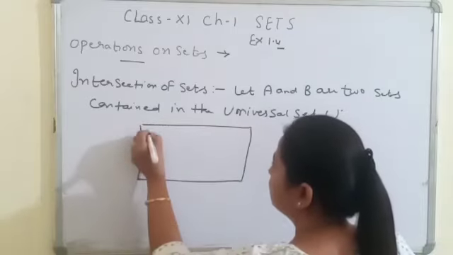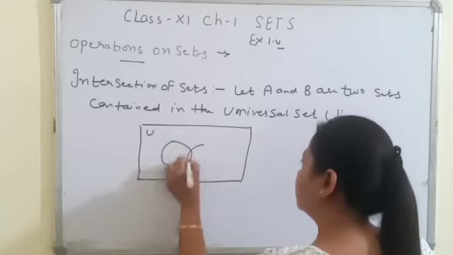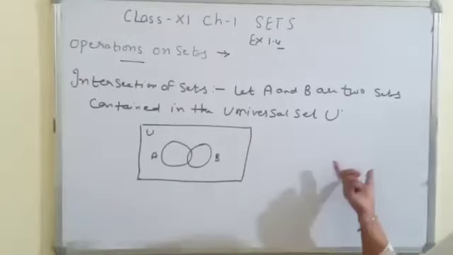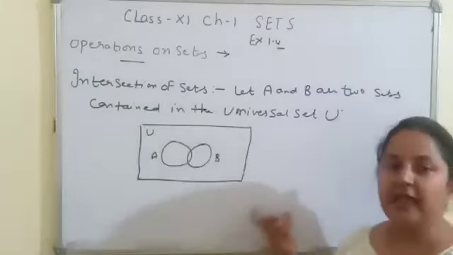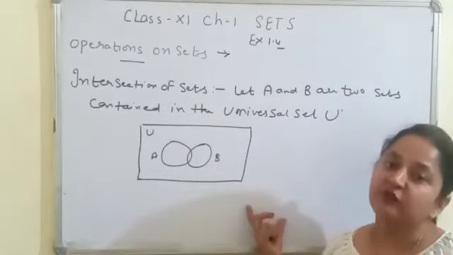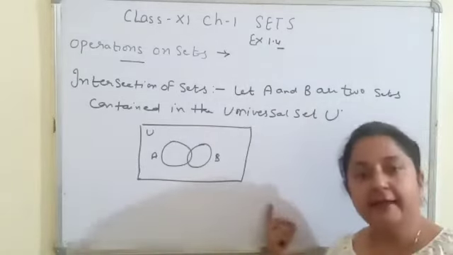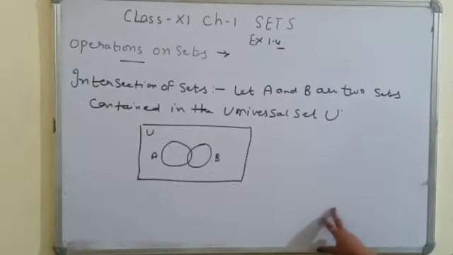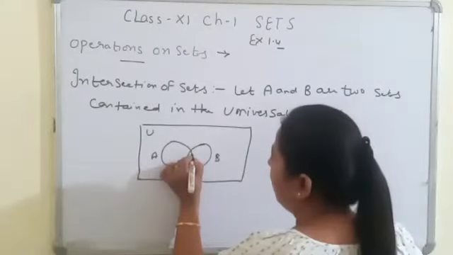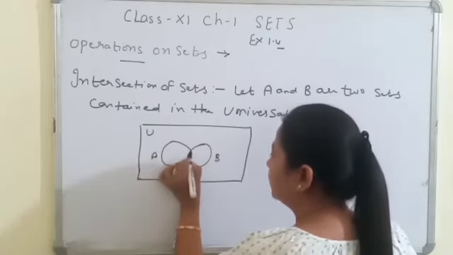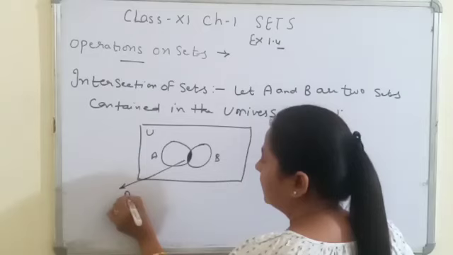This is the universal set U and sets A and B. By the definition of intersection, it is the collection of the common elements of set A and set B. We will collect only those elements which are in both sets. So this is the common section, representing their common part. By Venn diagram, this is the way we can represent A intersection B.